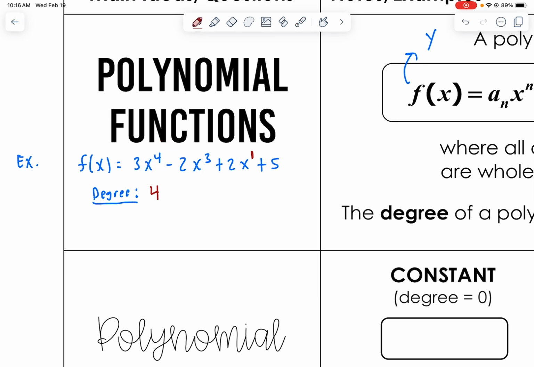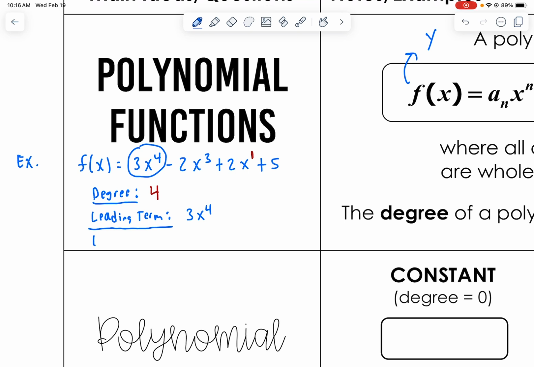If they ever ask for the leading term of this polynomial, the leading term is the term with the highest exponent. So once again, here it's in the front. So the leading term would be this whole thing, 3x to the fourth.